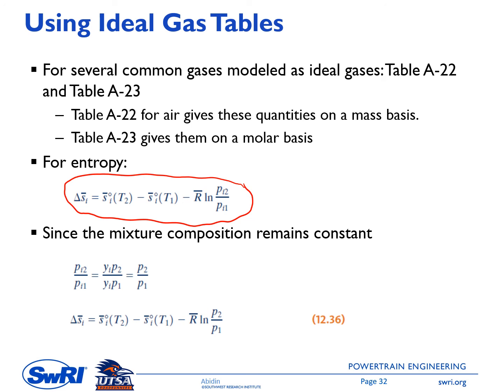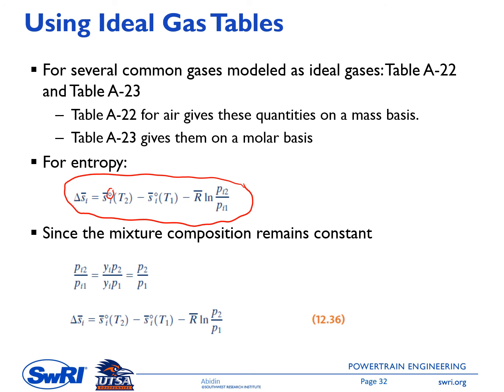And then for this ideal gas mixture, delta si, for component i, equals si° at T2, I forgot to mention, they have a degree sign here, and this value is available either in table A22 or A23, so si° at T2 minus si° at T1 minus R bar times ln pi2 over pi1.